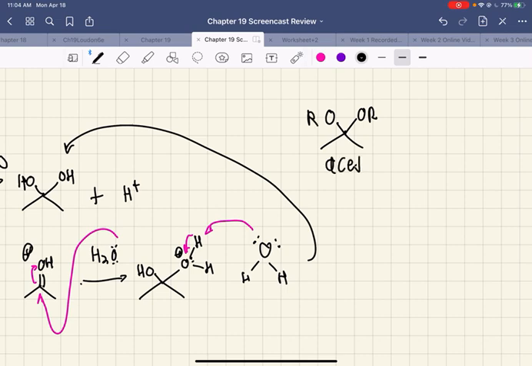This is an acetal, the most basic way you could write an acetal.